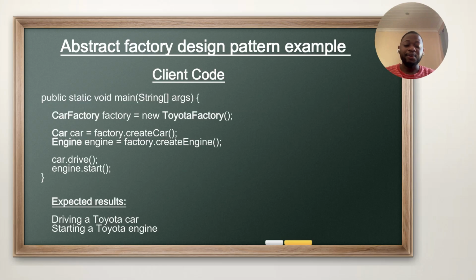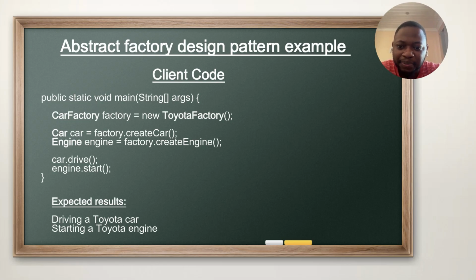And here we have our client code. So we have our car factory interface, and we have our factory reference. We just say equals new Toyota factory, so that means we will go with Toyota. We will now start our process of creating our Toyota product.